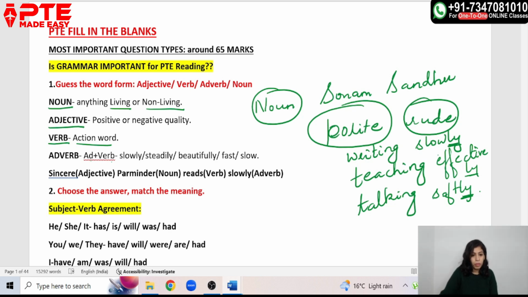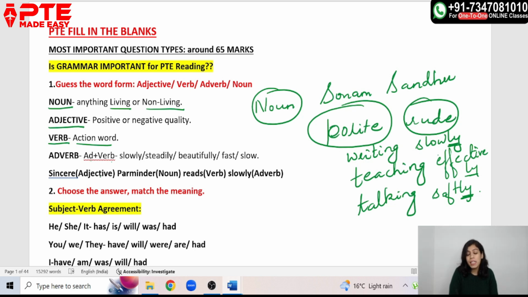Now, sincere is an adjective. For example, I have a sentence here. I was teaching one of my students, and the same sentence is written here. Sincere Parminder reads slowly. So, sincere is an adjective. It is telling you something about the noun Parminder. Parminder is the name of my student.